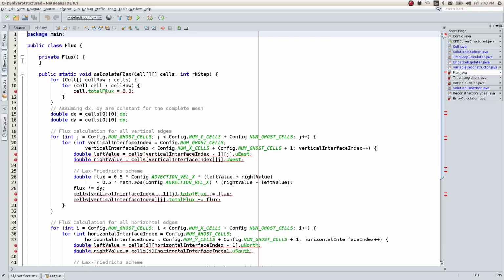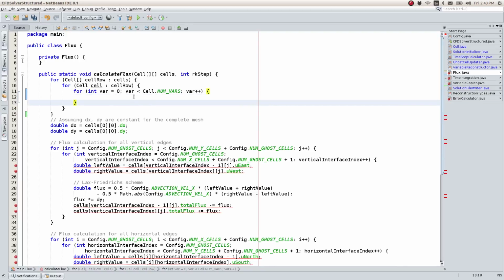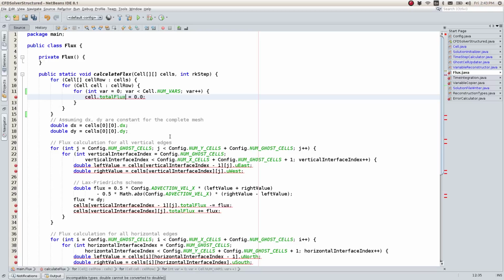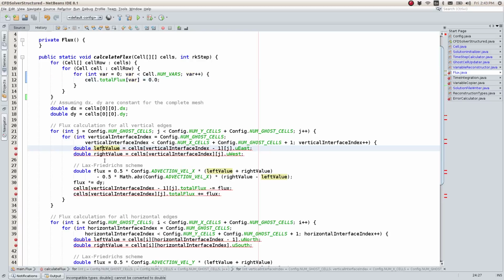First of all, total flux has to be initialized to 0 for each of the variables, because we are going to add to the total flux every time, so that's going to be equal to 0. Okay, as of now that's fine.